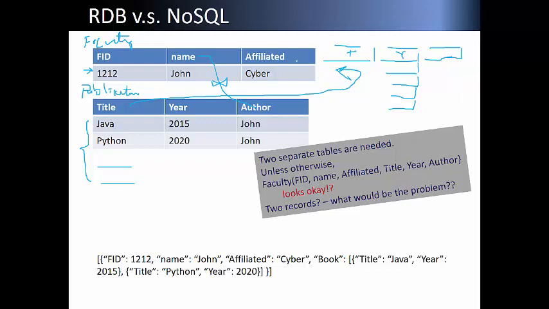In this particular case, for example, John's affiliation is switched to another, not cyber, but maybe artificial intelligence department. John is affiliated with artificial intelligence. If we have 100 times of cyber, then we need to update it 100 times.